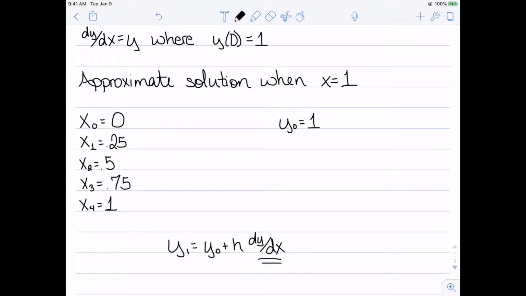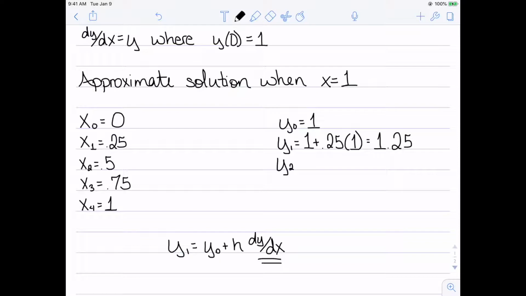So in this case, y1 would be 1, the value of y0, plus h, 0.25 in this case, times dy/dx. In this case, dy/dx is y, and y0 is 1, so this is what we would use. It gives us 1.25. So we have the solution is approximately 1.25 whenever x1 is 0.25.